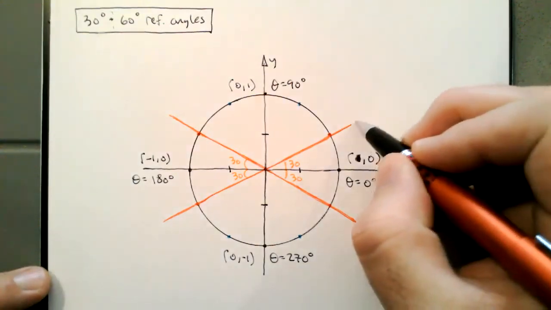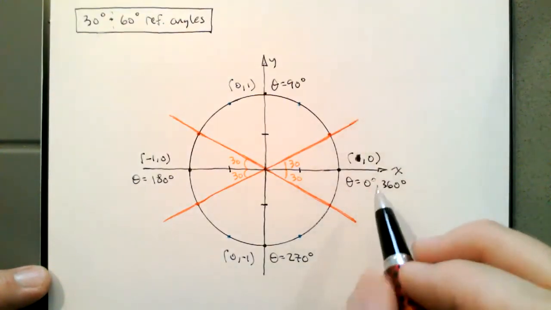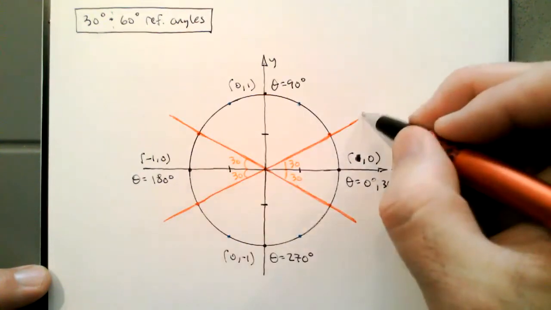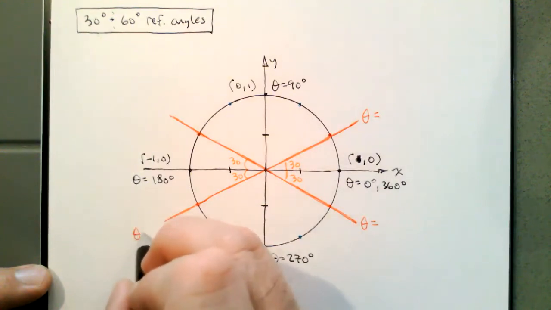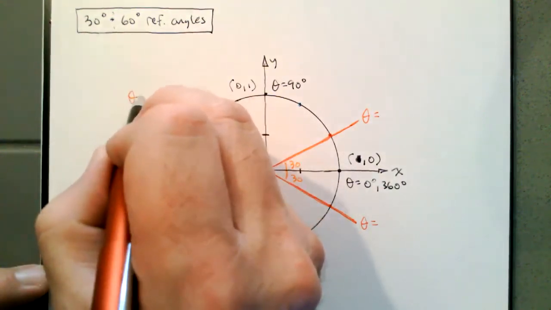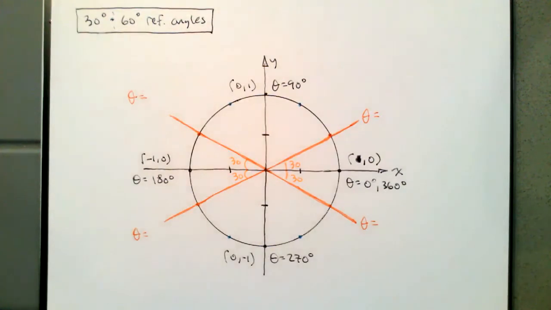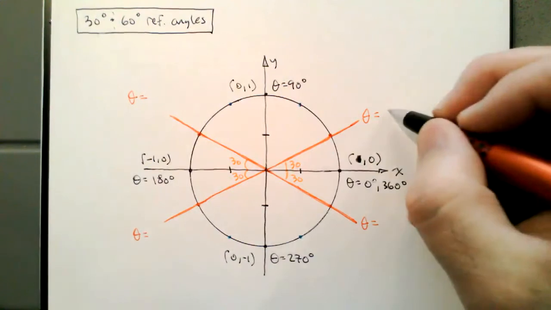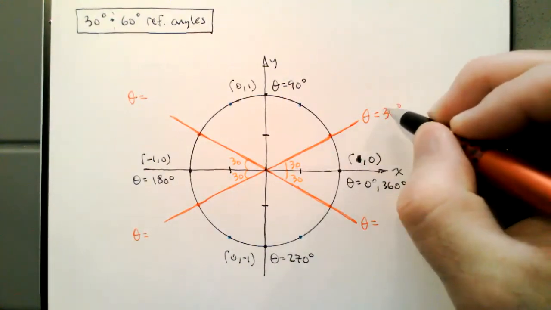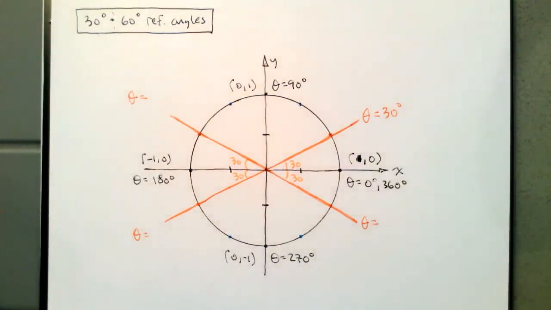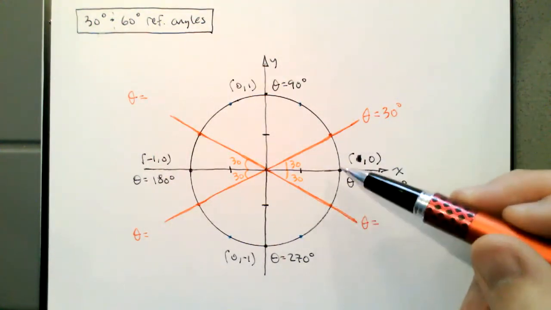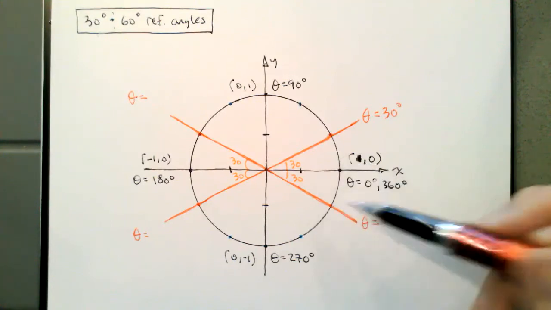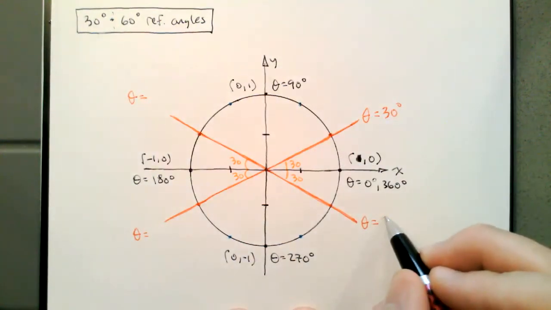Once again, we just care about the ones between 0 and 360. A 30-degree reference angle in quadrant 1 will just be 30 degrees. In quadrant 4, if we go negative 30 degrees, we can subtract 30 from 360, and we'll be at a 330-degree angle.